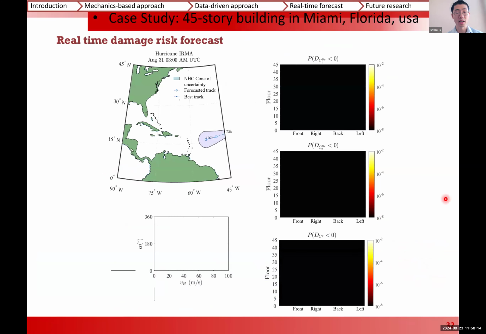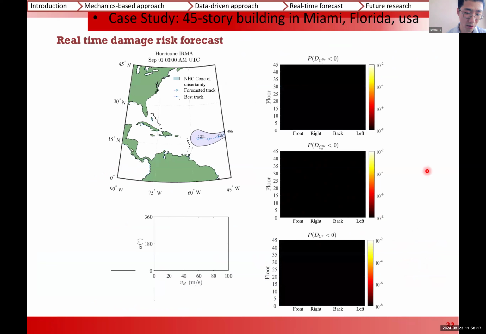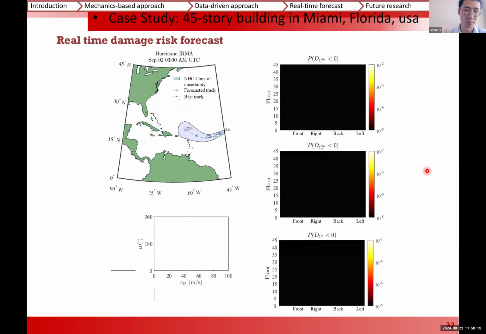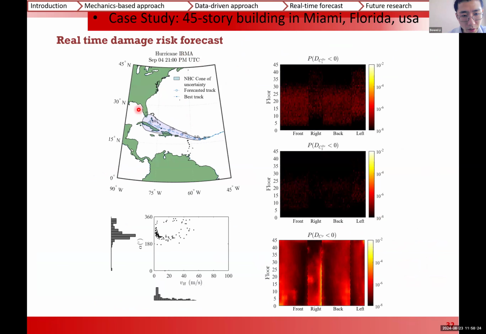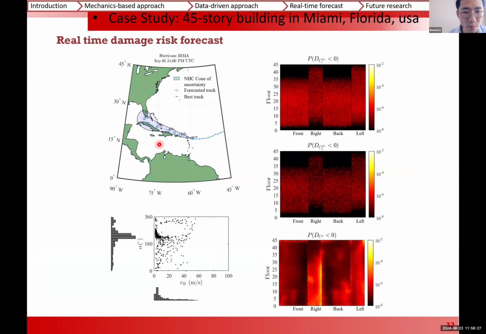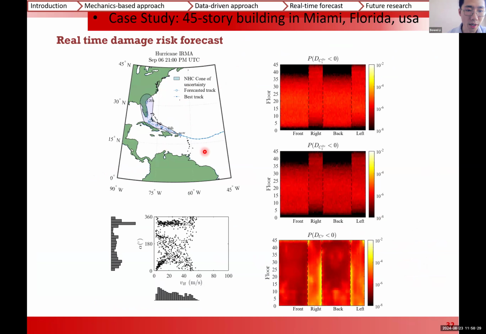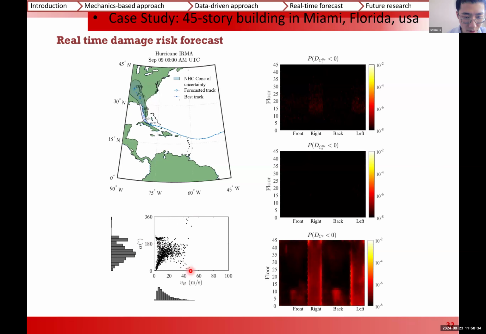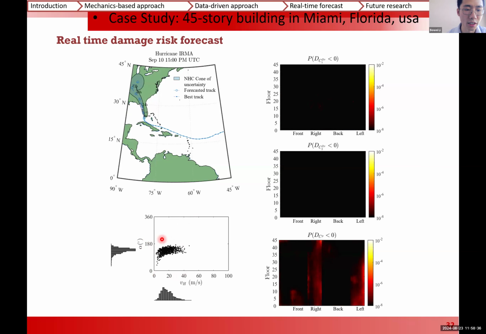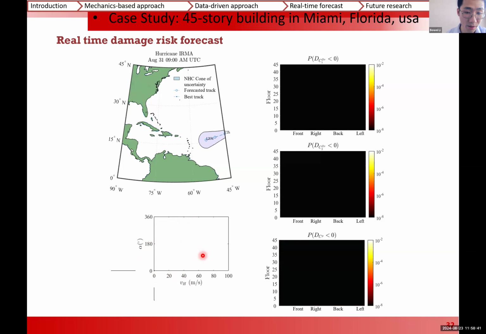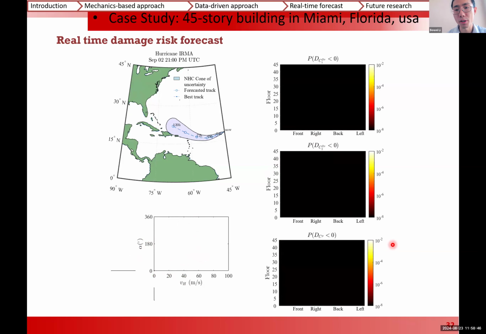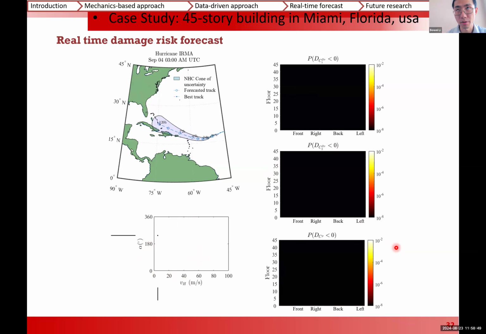Okay, and here's an animation that I generated. Suppose that there's an imminent hurricane Irma. Here is a figure that visualizes the real-time forecast of the hurricane track with the uncertainty cone. And here is a real-time forecast of the wind speed and direction at my building site. On the right-hand side are the 3 maps corresponding to the building envelope system.